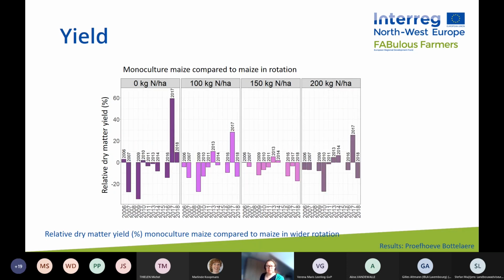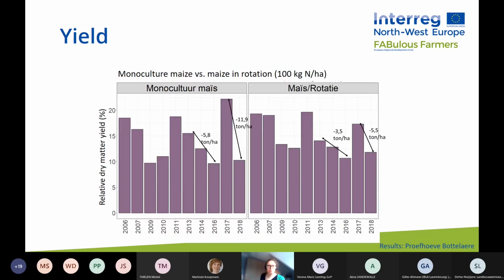When we take a look at the same graphs, but then in a wider rotation, you see a similar effect, but the effect is less expressive compared to the effect with grass clover in the rotation. And then one last graph on this trial is a graph on the average yield of these plots, monoculture of maize compared to maize in a rotation.